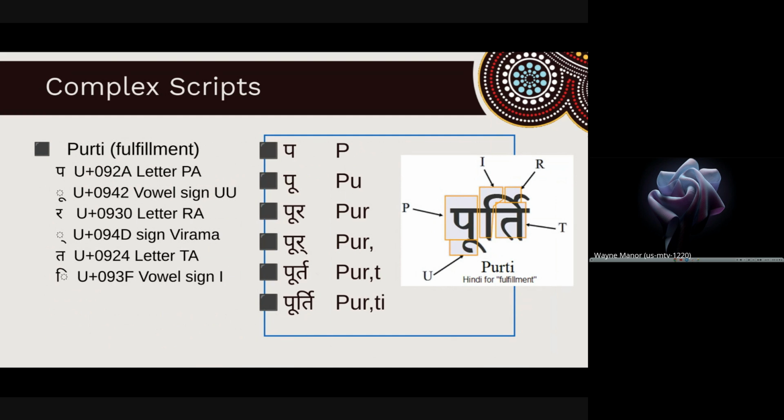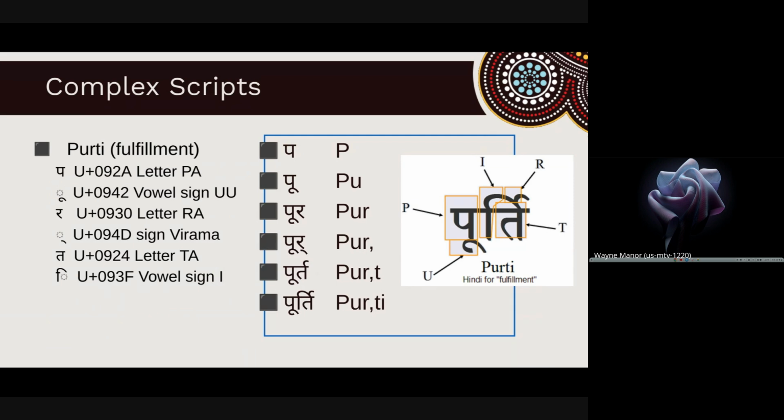Now, we type the final I sound, that's a vowel, but the whole string kind of changes. And that final vowel goes before the previous 2 characters. So we have a number of scripts where actually the characters are reshaping the entire word.